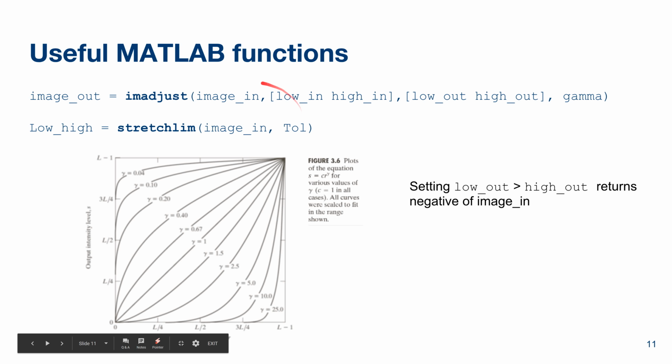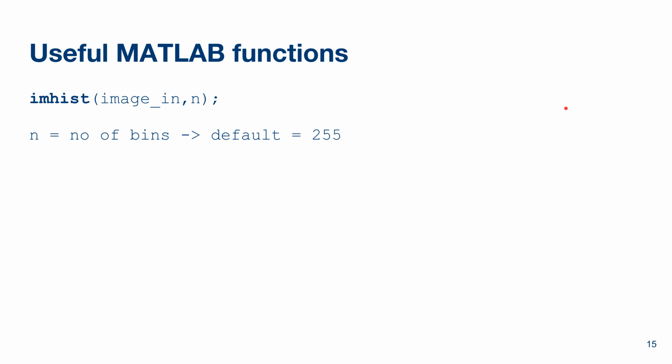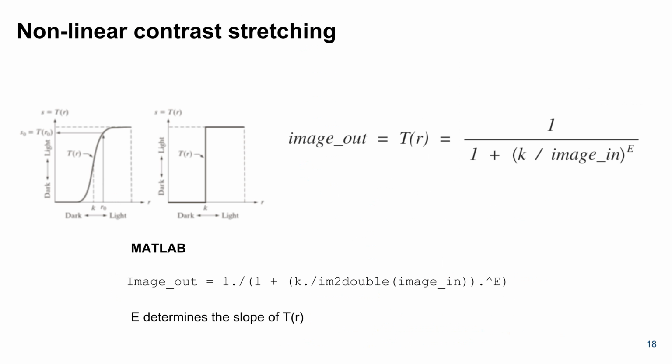You're going to use this function and you're going to find the optimal gamma that gives you the highest contrast. Okay, so you're going to do a little bit of a manual optimization there, determining the best.